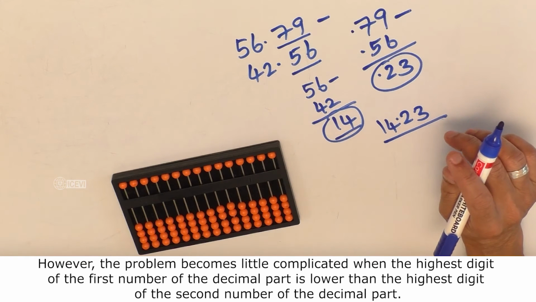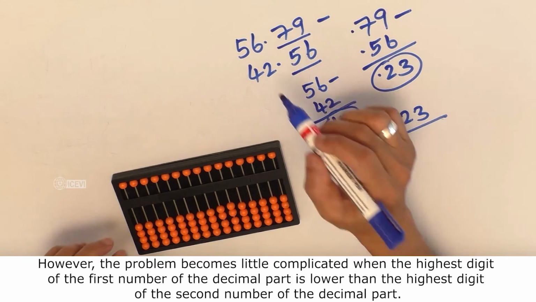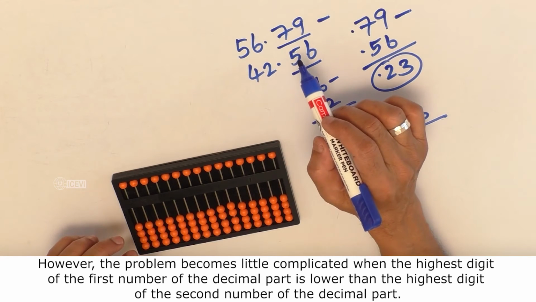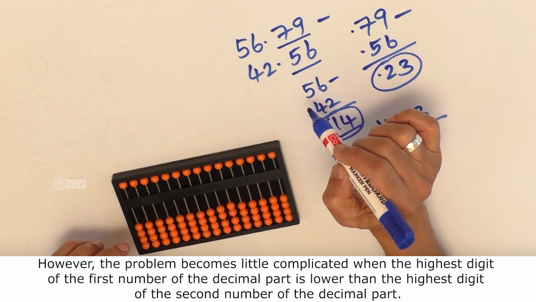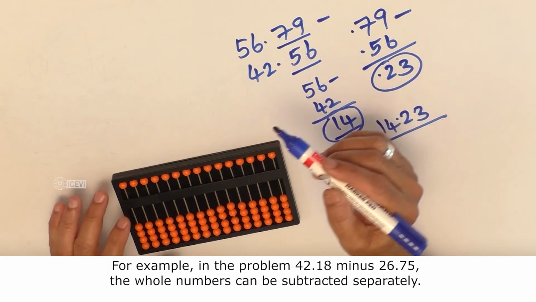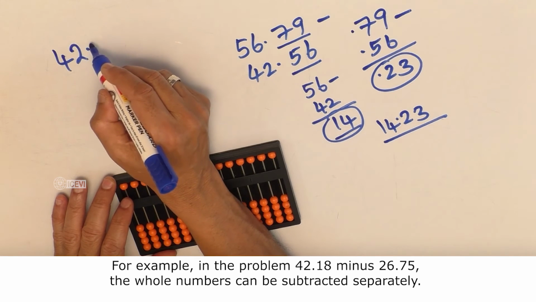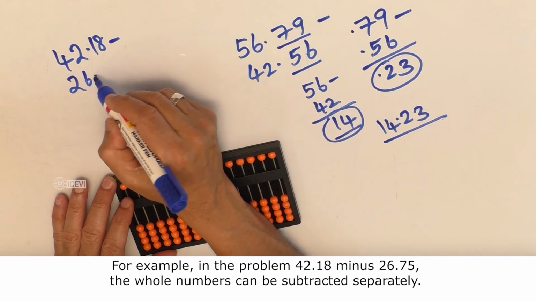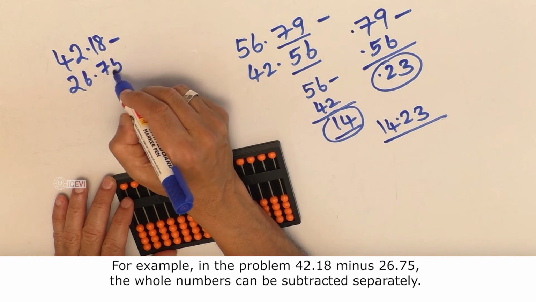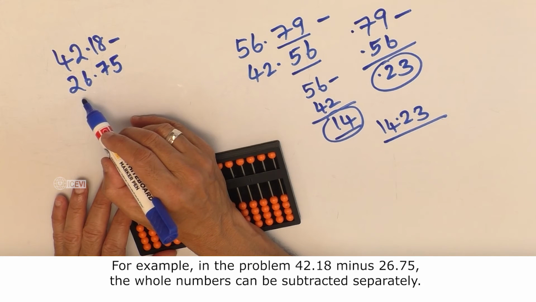However, the problem becomes a little complicated when the highest digit of the first number of the decimal part is lower than the highest digit of the second number of the decimal part. For example, in the problem 42.18 minus 26.75, the whole numbers can be subtracted separately.